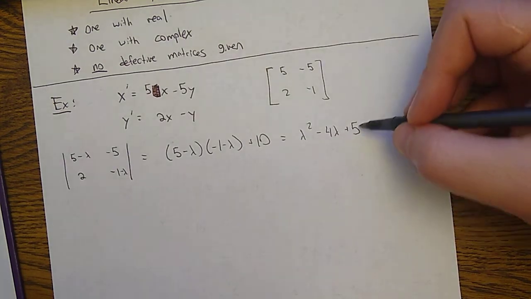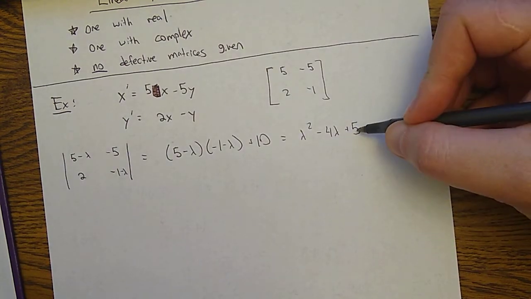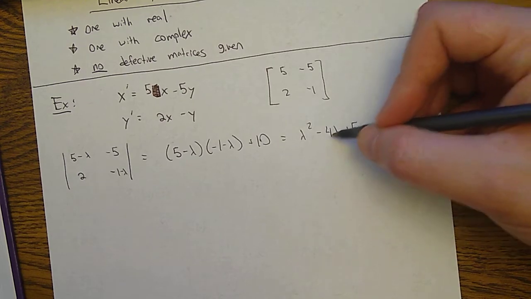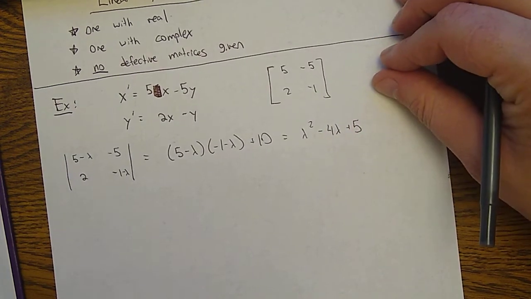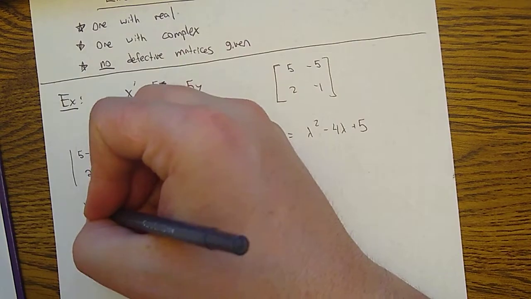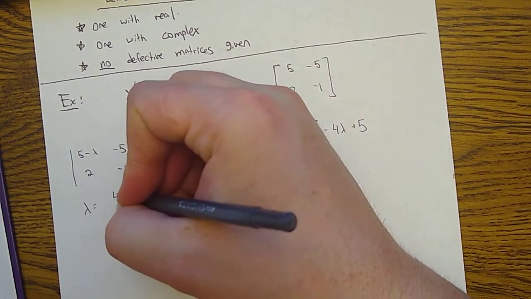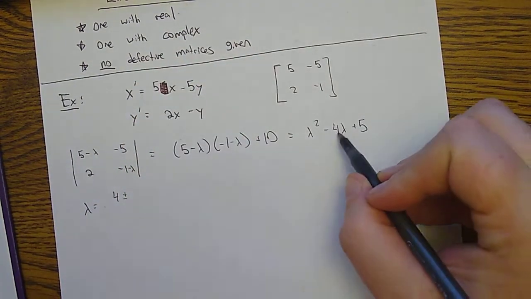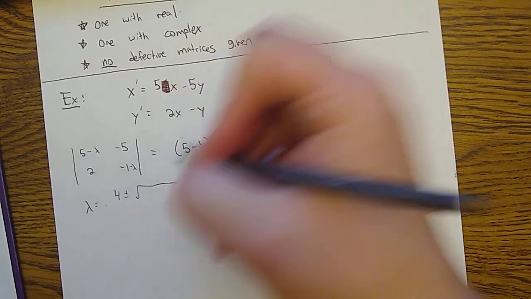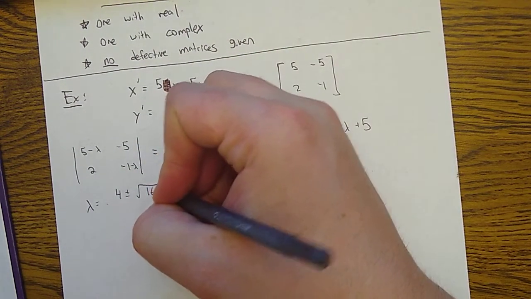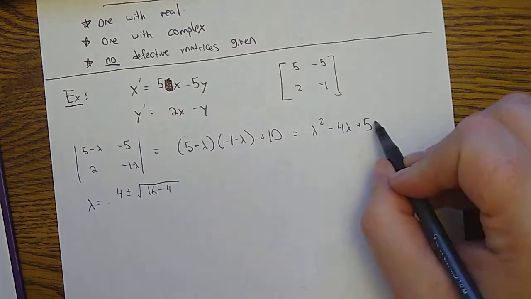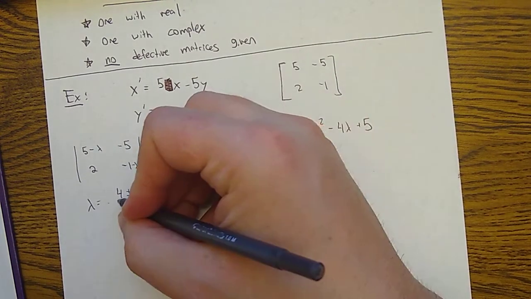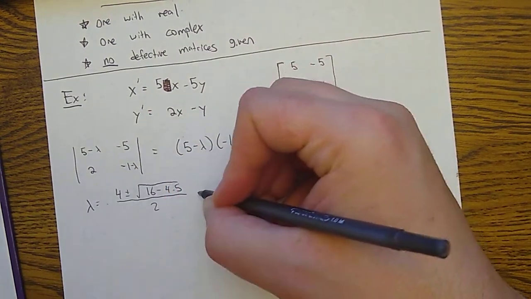And then I try to factor this, but I can't think of two numbers that multiply out to 5 and add up to negative 4, so I can use the quadratic formula. 4 plus or minus, so this is a positive 4 because it's the opposite of that, plus or minus the square root of 16 minus 4 times 1 times 5, over 2.